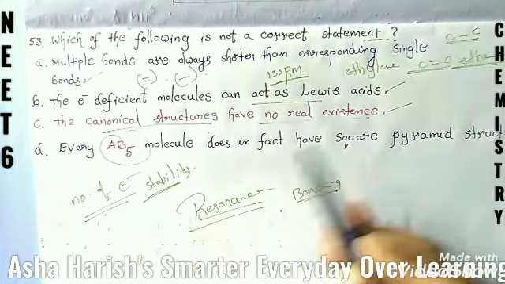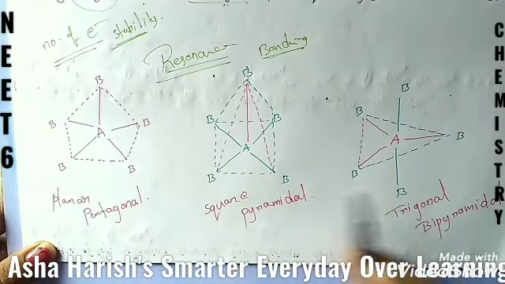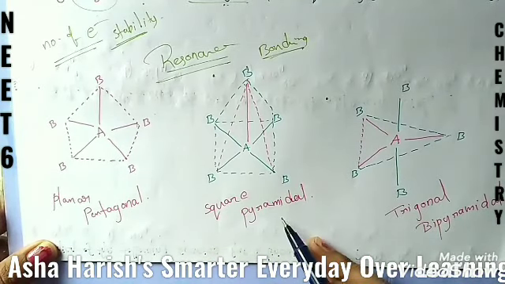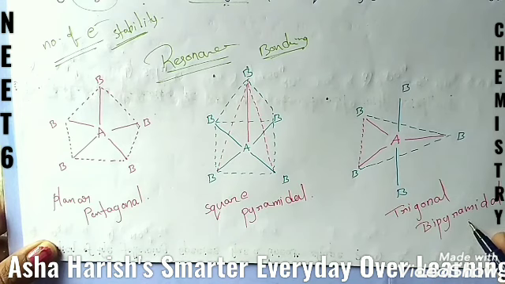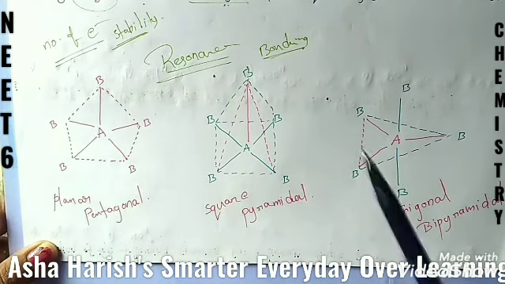Here option D, students, AB5 molecule does in fact have square pyramid structure. Let's see the structure of this molecule. Right, here we have different types of structures: planar pentagonal, square pyramidal, trigonal bipyramidal of AB5 molecule.